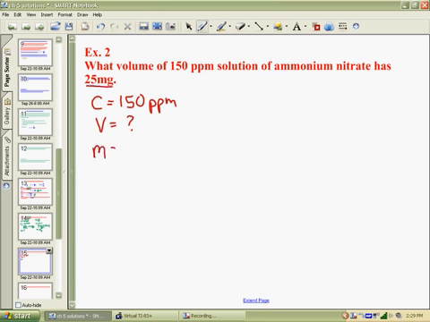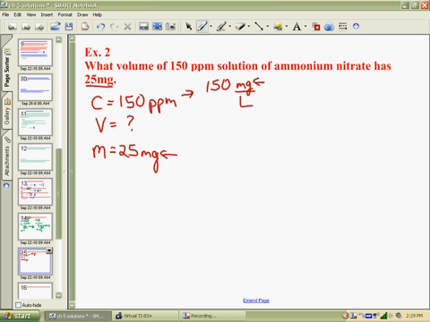Well, before I start thinking about whether I have to change my mass of milligrams to grams, we need to consider what the ppm is. That is 150 milligrams per liter. So I see milligrams here, milligrams there.